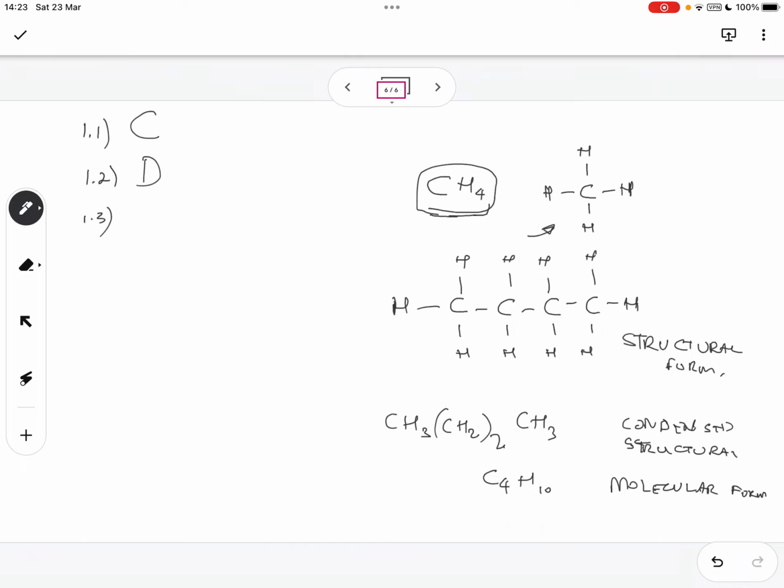Why didn't you say C3H10? For this one that I drew down here, in the molecular form, why didn't we say C3H10? Where's the fourth carbon? So remember, these are all the same expressions of the same thing, right?